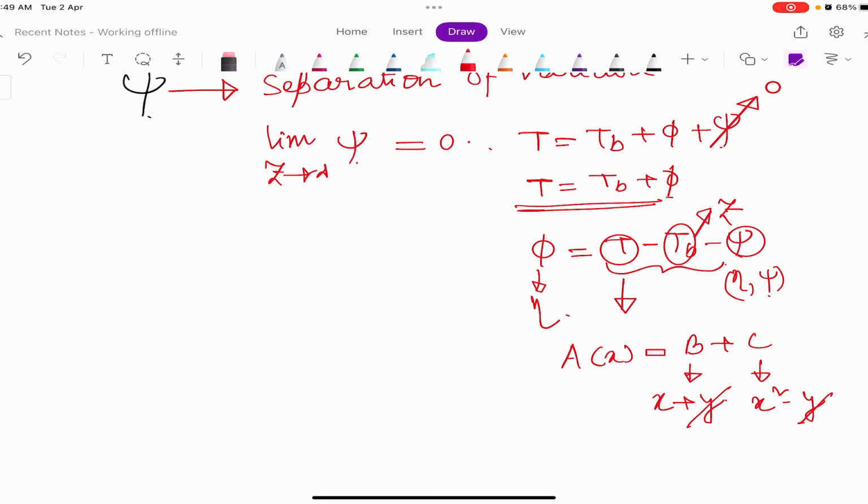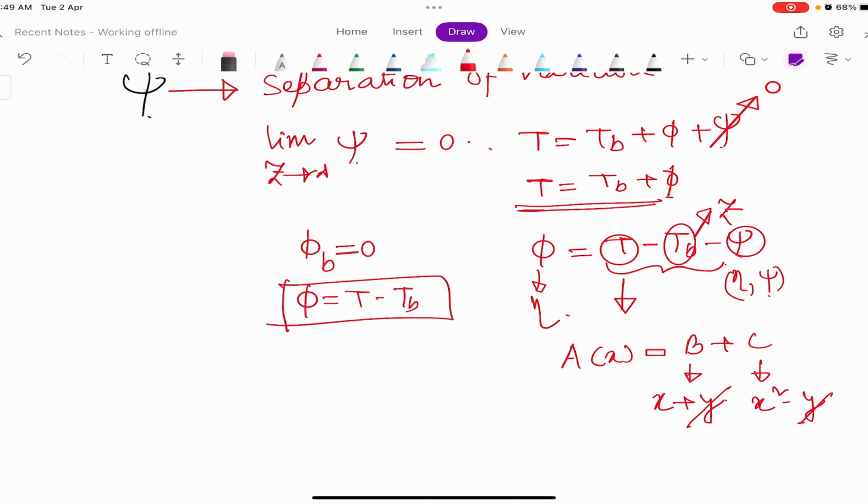So there is nothing wrong in telling that phi is a function of eta. Mathematically it is correct, but now you can argue that during the use of this condition phi b equal to 0, we have taken phi equal to T minus Tb.